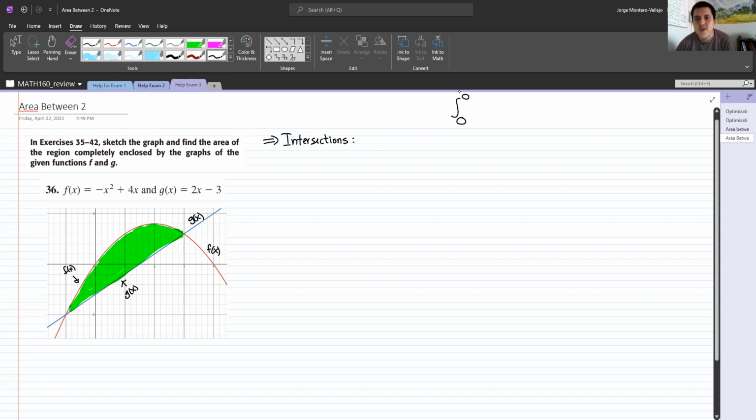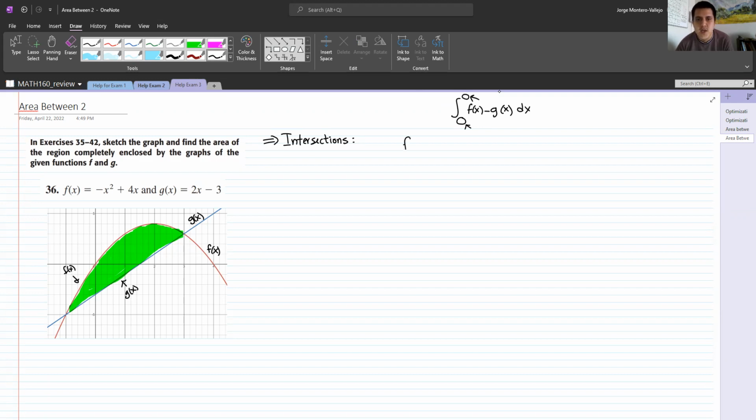And we know that over here, it will be f of x minus g of x, because we saw by the image that f is on top of g, right? So it's always the one on top goes first and then minus the other one, then dx, right? But in order to know the bounds, we need to find the intersections of f with g.